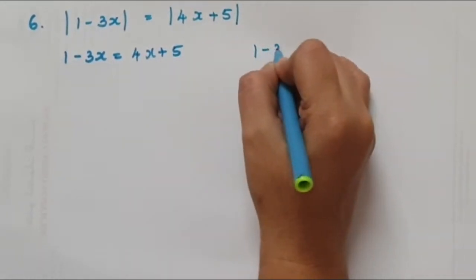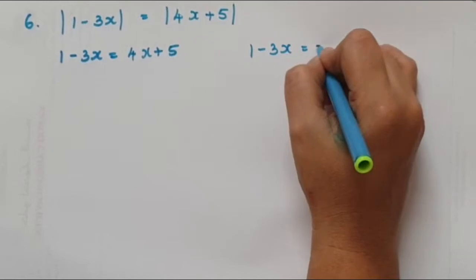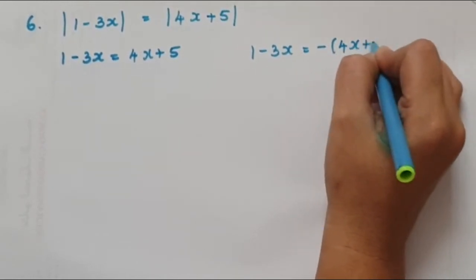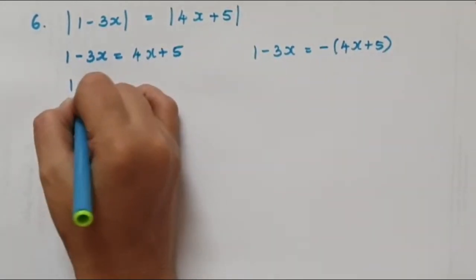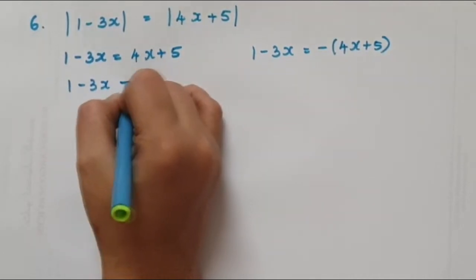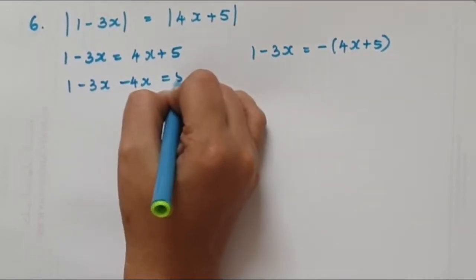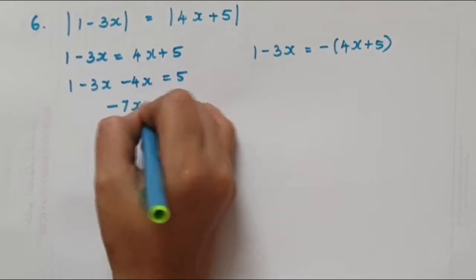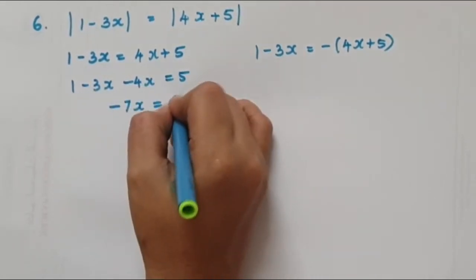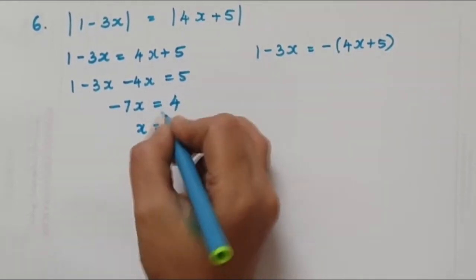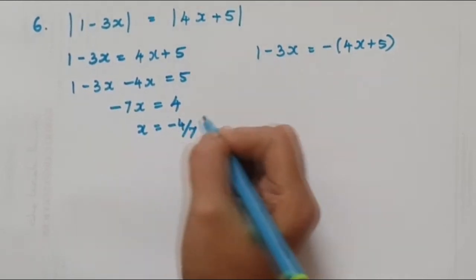The other one, as usual, we take the negative sign for the second equation alone. So it will be 1 minus 3x minus 4x will be equal to 5. That is minus 7x will be equal to 4. x will be equal to minus 4 over 7.